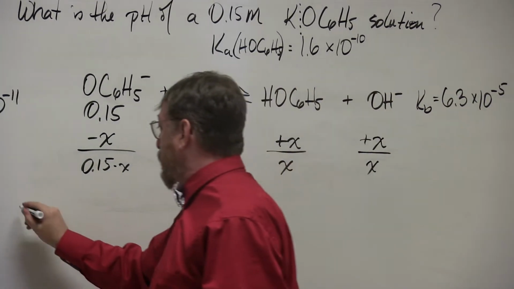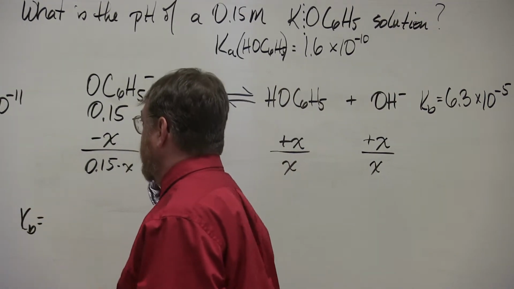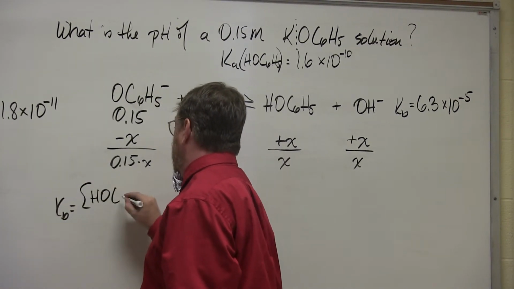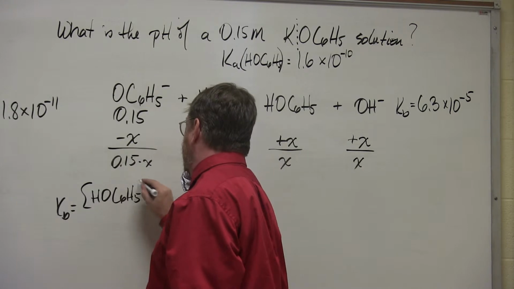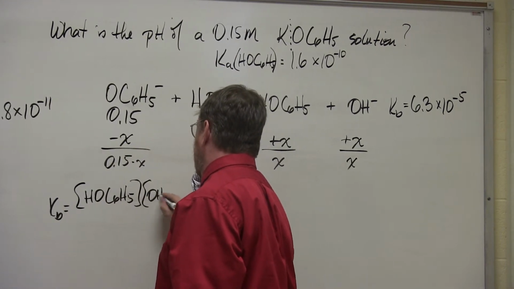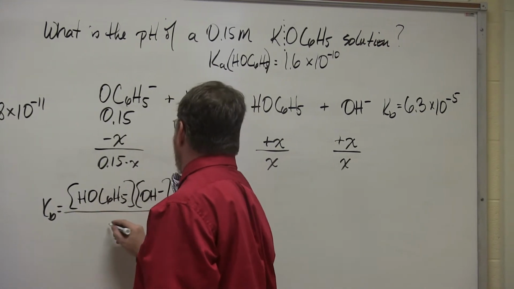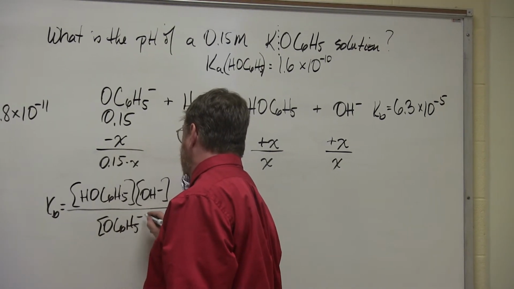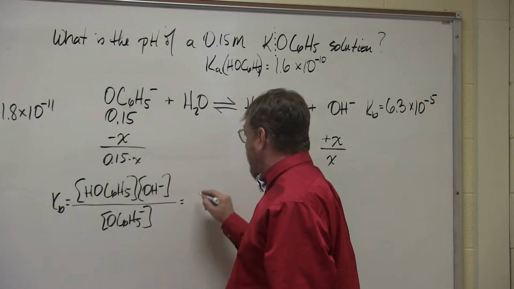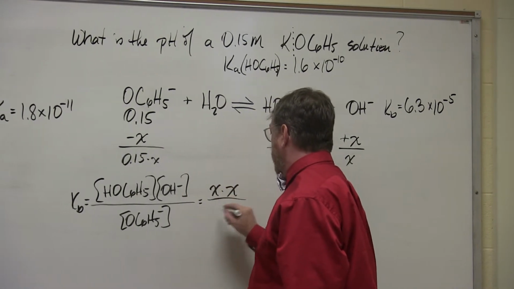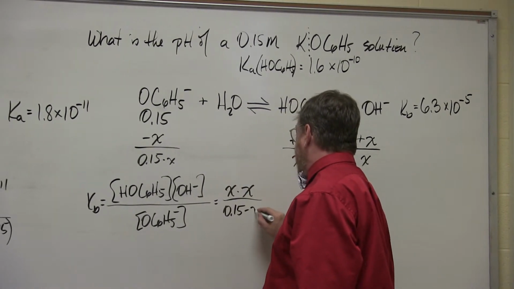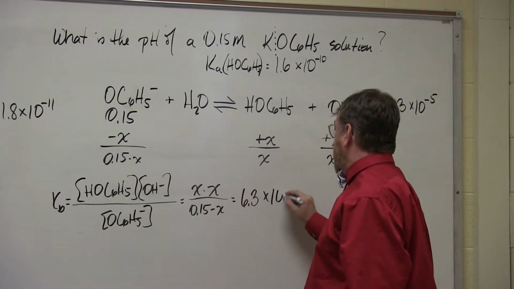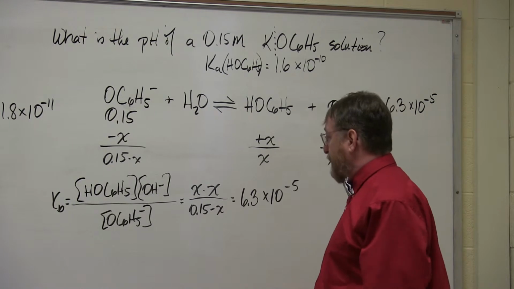Kb is going to be equal to, let's write out the full expression here, phenol, HOC6H5, times hydroxide, divided by OC6H5 negative. Well, that's X times X over 0.15 minus X. All of that equals 6.3 times 10 to the minus 5.